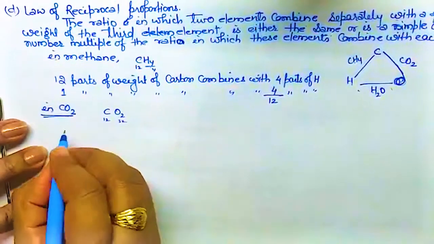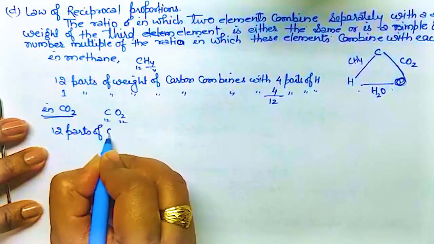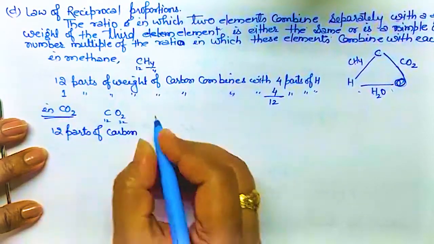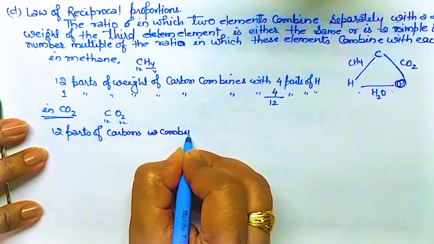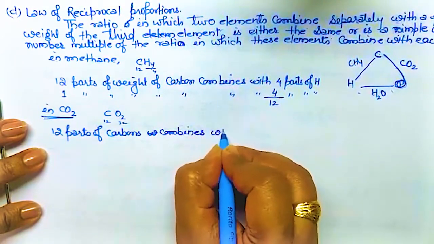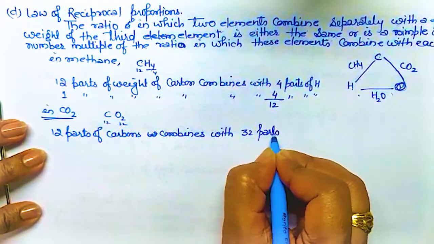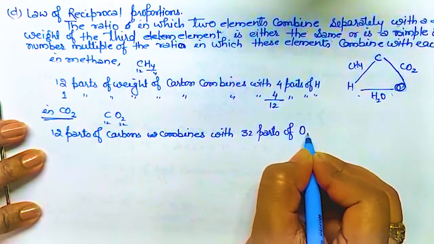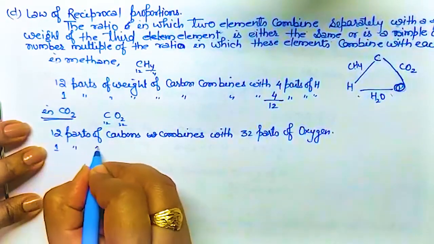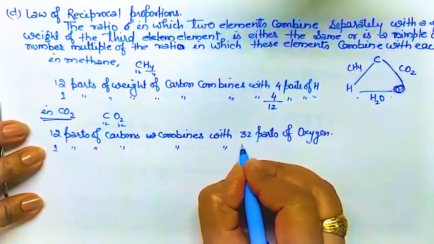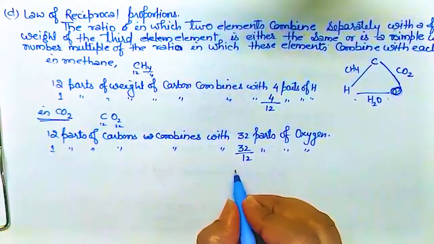So we can write 12 parts of carbon combines with 32 parts of oxygen. So 1 part of carbon should be 32 divided by 12 part of oxygen. So what will it be?